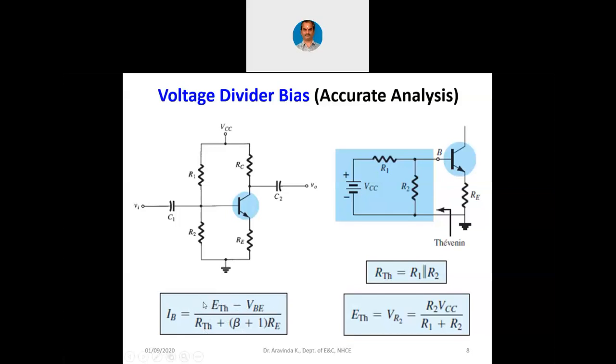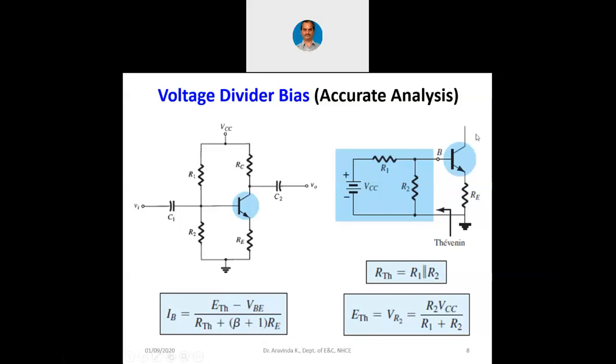Whereas here, circuitry wise, the effective resistance is R1 parallel with R2 and the effective voltage at the base is nothing but VBB or VR2. So we are using this notation of ETH minus VBE divided by RTH plus beta plus 1 into RE.